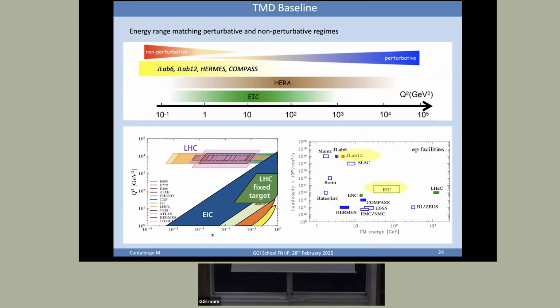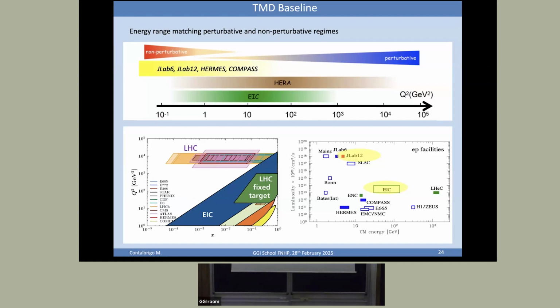So what you want to do is to stay in the middle, because in the middle you can have access to the small transverse momenta, okay? And you, let's say, control the dilution that is given by the evolution, because the evolution essentially provides a larger Q-squared, larger degree of freedom to dilute your signals.